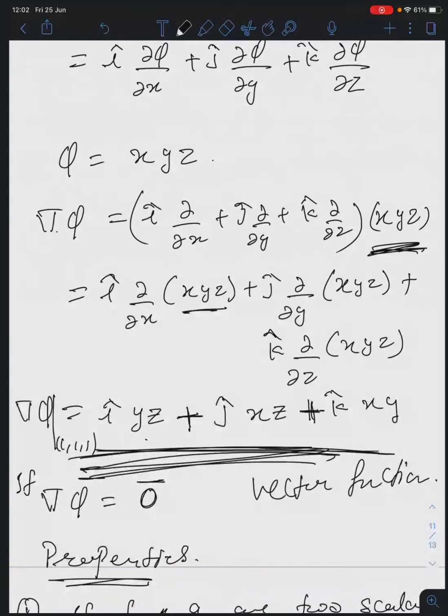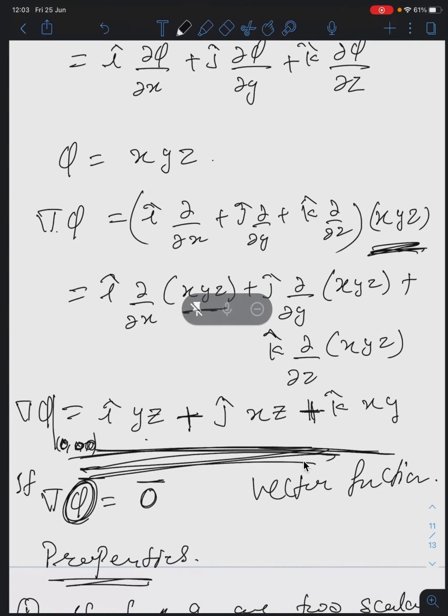When x, y, z are 0, that is, at the point 0, 0, 0 you will get zero. But here we are talking about what kind of function phi should be so that the gradient of phi is the zero vector.